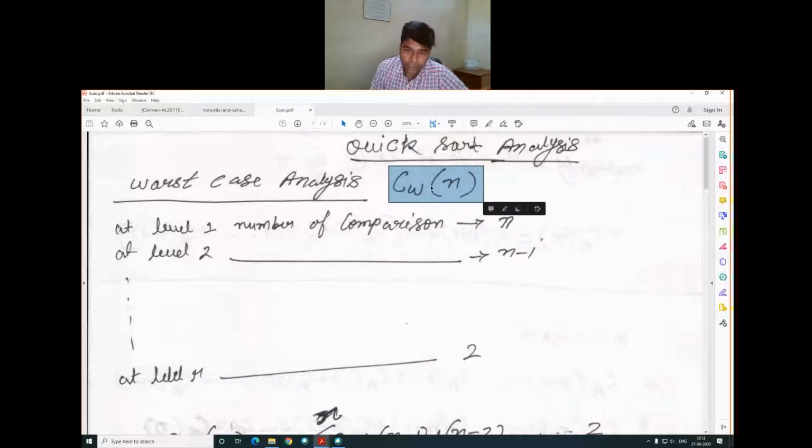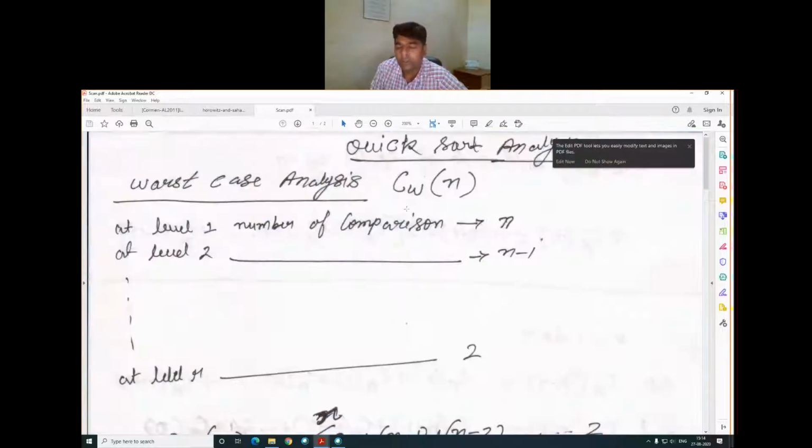That is one form of the function, the notation of the function, in which n is the number of elements of the array, meaning the input size, the total number of elements in the array. Here W indicates the worst case complexity of the quicksort algorithm. So this function is used to represent the worst case complexity of the quicksort algorithm.